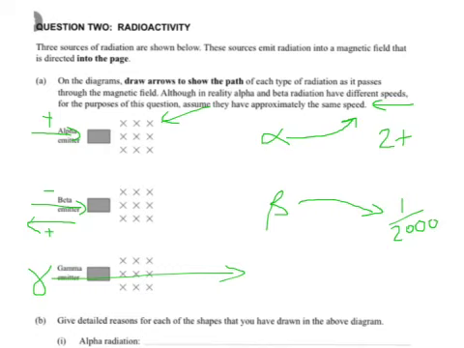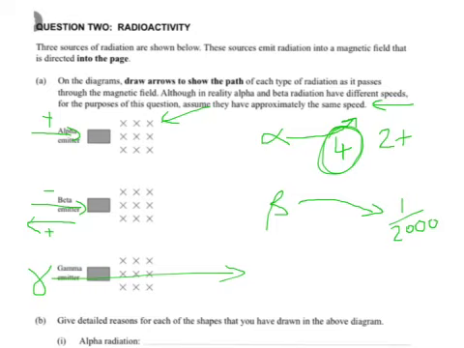subatomic particle, whereas an alpha particle has 4 because it's got 2 protons and 2 neutrons. So combined with a much higher mass and twice the charge, the double the charge means it'll interact twice as much with the field, but 4 times the mass means it takes more force applied to change the momentum of that.